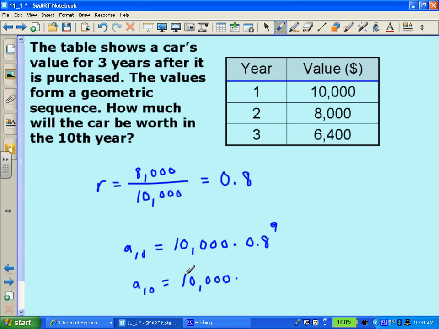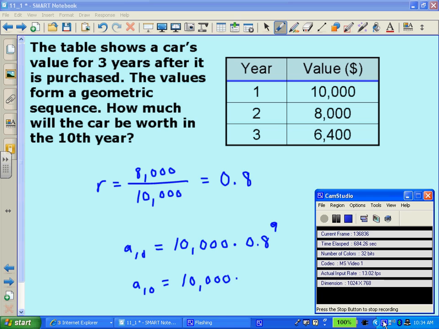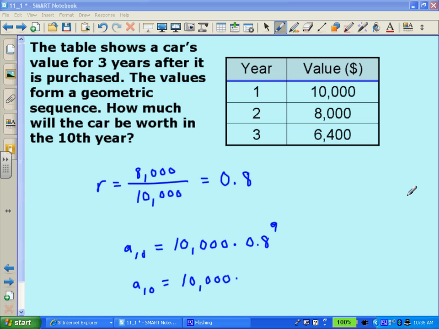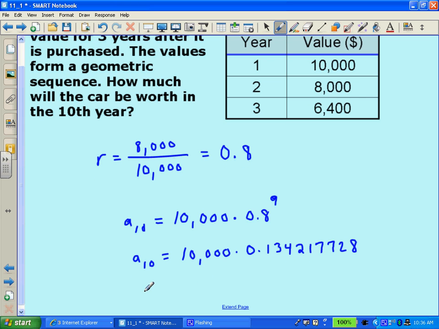Again, I'm using my calculator here. Now, that's kind of a long decimal when I do 0.8 to the 9th power, so I'm going to write down part of it here. And when I'm doing this and using my calculator, I can just kind of leave that decimal in my calculator.